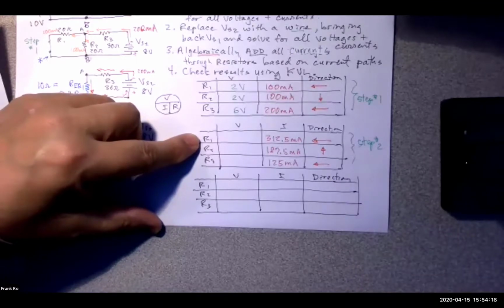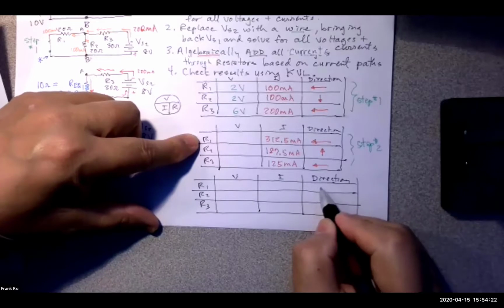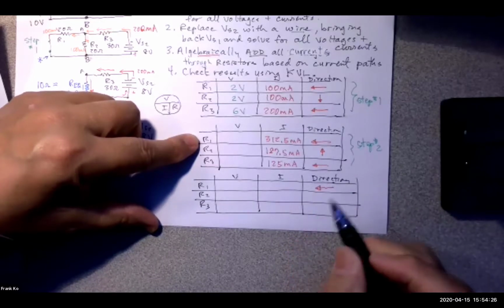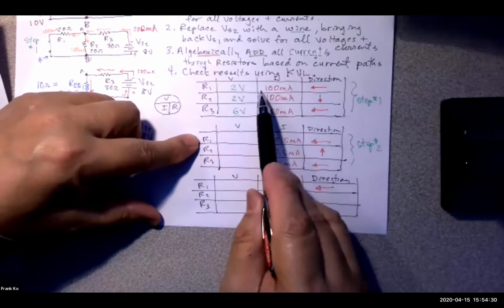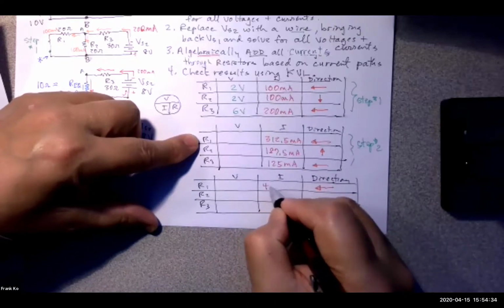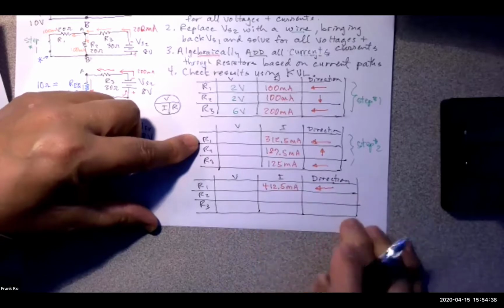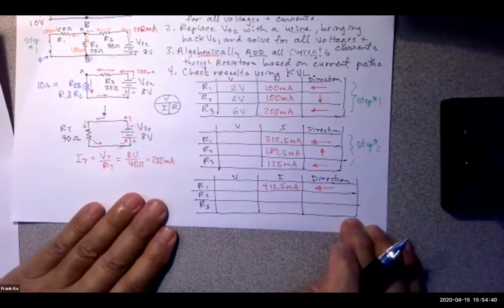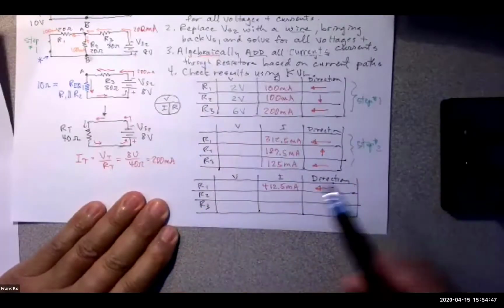Yes. So if they're both moving in the same direction, they are aiding each other, so my final direction must be to the left. And if they're aiding each other, that means I add them. I'm going to add the 100 milliamps to the 312.5. That's easy math: 412.5 milliamps. Is that correct? Yes. Did I algebraically add the current through R1 from step 1 and step 2? Yes.